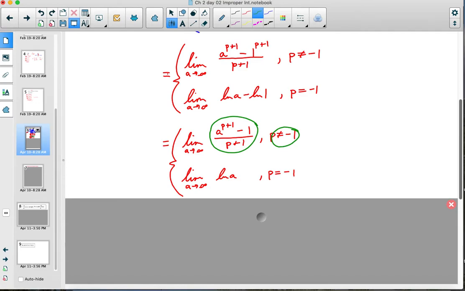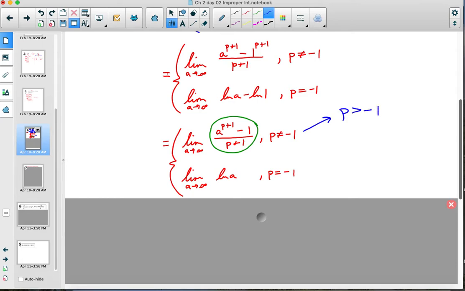Remember, the p value is fixed, so you take one predetermined p value, then you can look at the limit as a goes to infinity for that p value. So we actually have to split this into further cases. What if p is greater than -1?